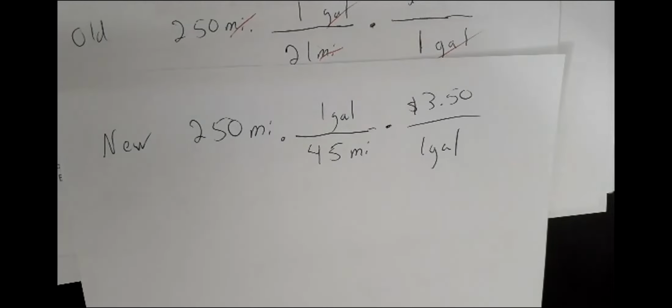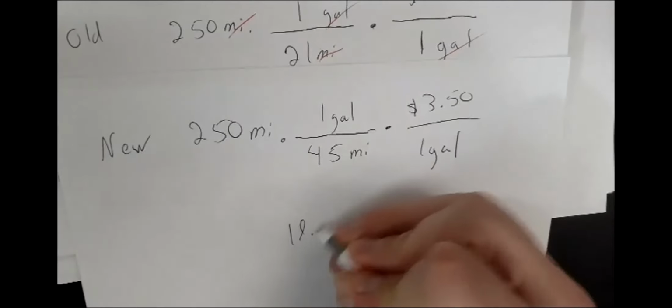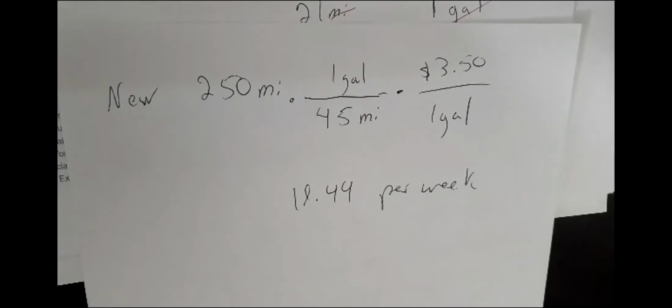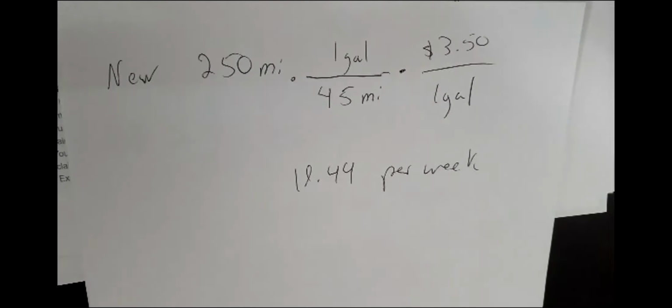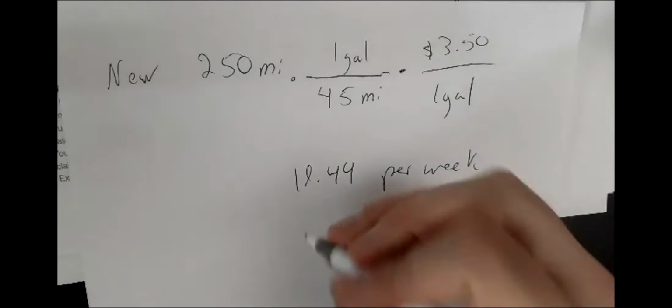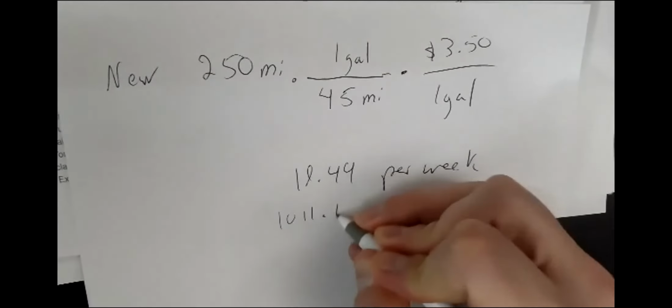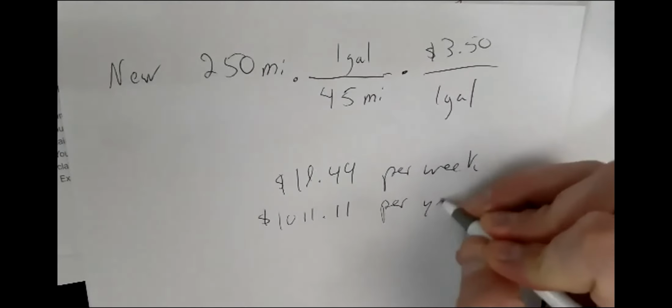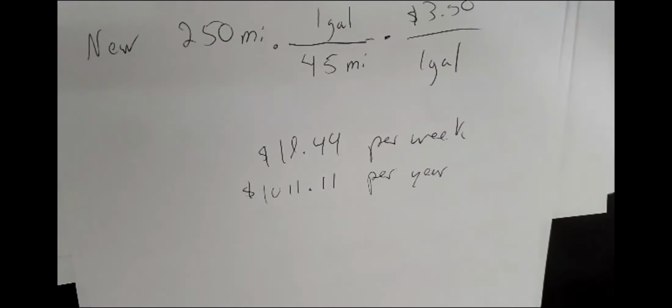And if we do that, we get $19.44 for the week. And we do this again, going from the week to the year. It would be $1,011.11 for the year, and then we'd multiply this by 5 to get 5 years.